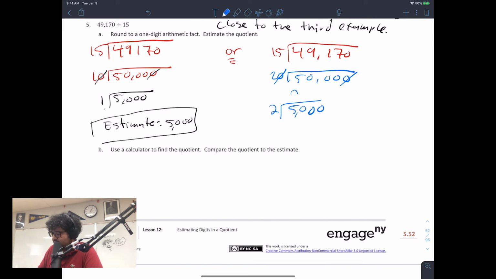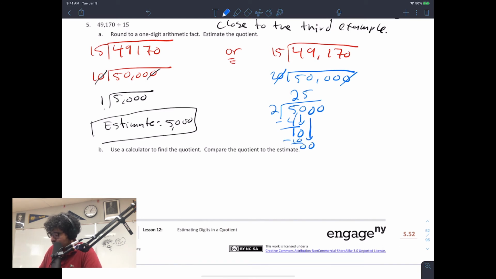The answer is 2. 2 times 2 will give you 4, so you take away 4. Then 5 minus 4 will give you 1. You bring down the 0. How many times can you fit this 2 into the 10? The answer is 5. 5 times 2 will give you 10, so you take away 10, 0.